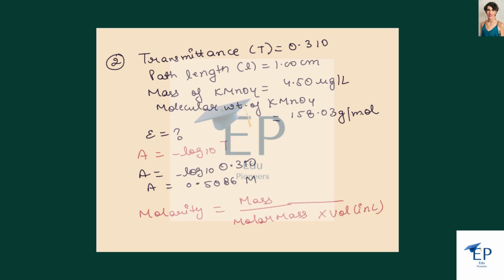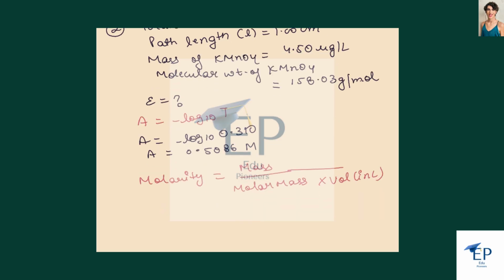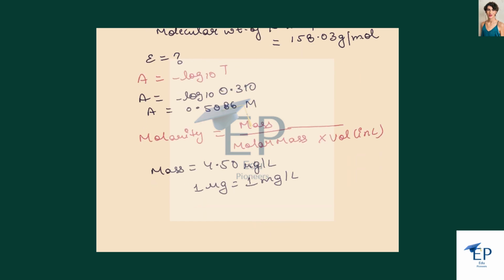Here the mass is given as 4.50 microgram per liter. 1 microgram per milliliter is equal to 1 milligram per liter, and 1 milligram is equal to 10 raised to power minus 3 gram. So here we get the mass.